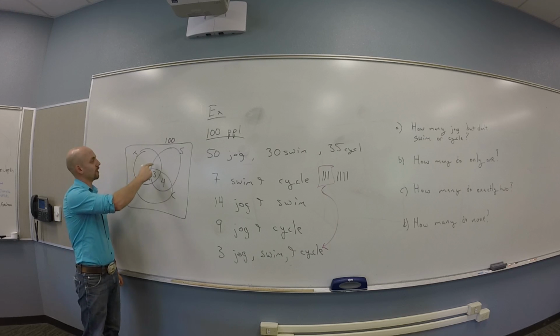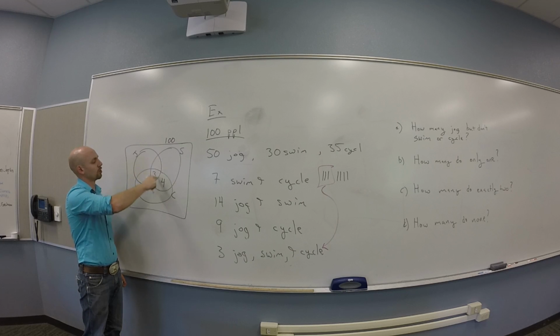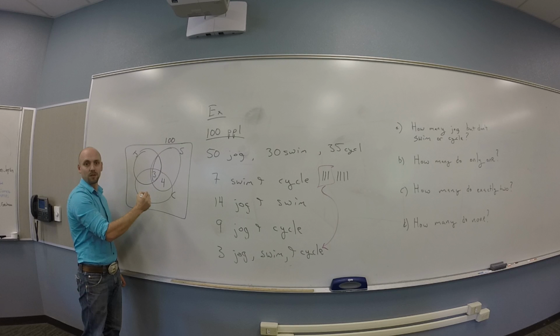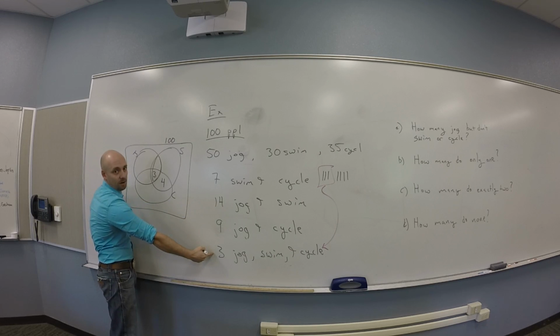How many people belong in this overlap between jog and swim that's not the 3-way overlap? The total overlap between jog and swim should have 14 people in it, but 3 of those are already counted.